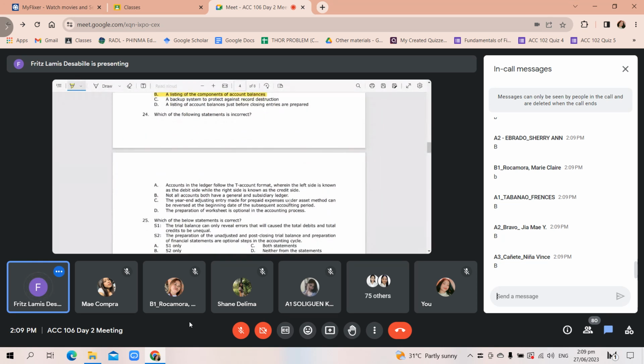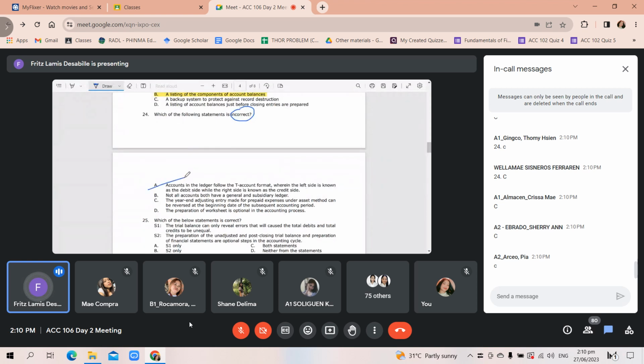24. Which of the following statement is incorrect? So let's go over all items. Incorrect is what we are looking for. Letter A. Accounts in the ledger follow the T account format wherein the left side is known as the debit side while the right side is known as the credit side.